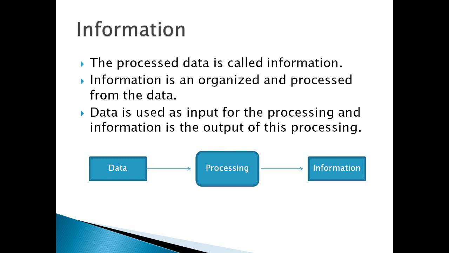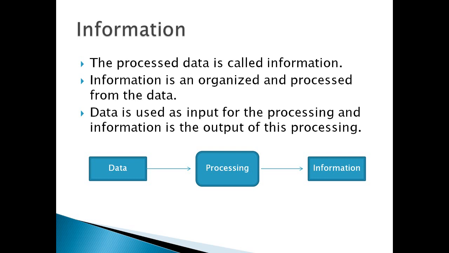The next important terminology is information. Now what is information? We have studied a while ago that data is the collection of raw facts and figures. But when we process that data, it is called information. We have some raw data, we process it, and we get some meaningful desired information from that.